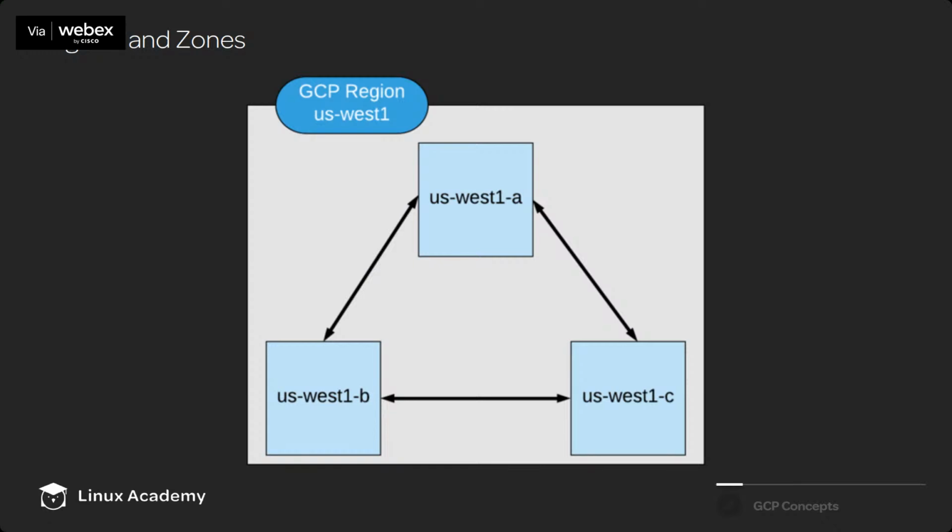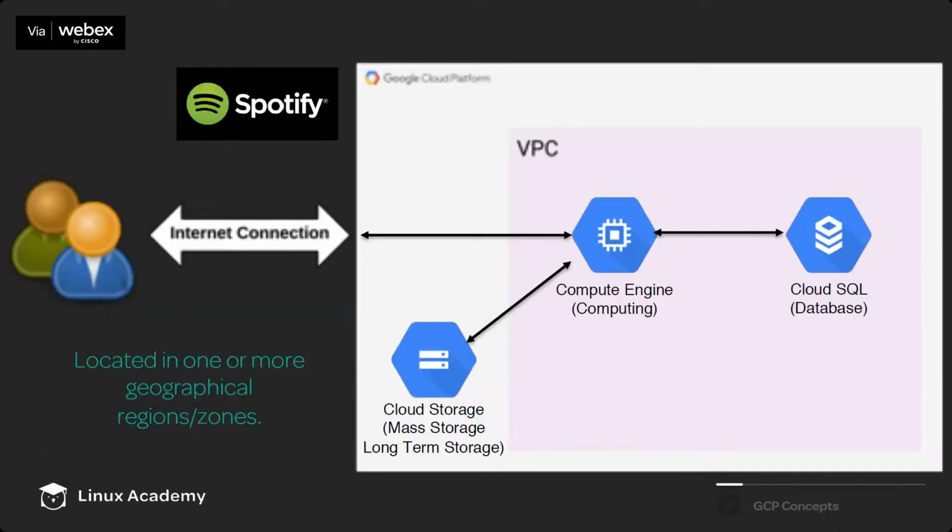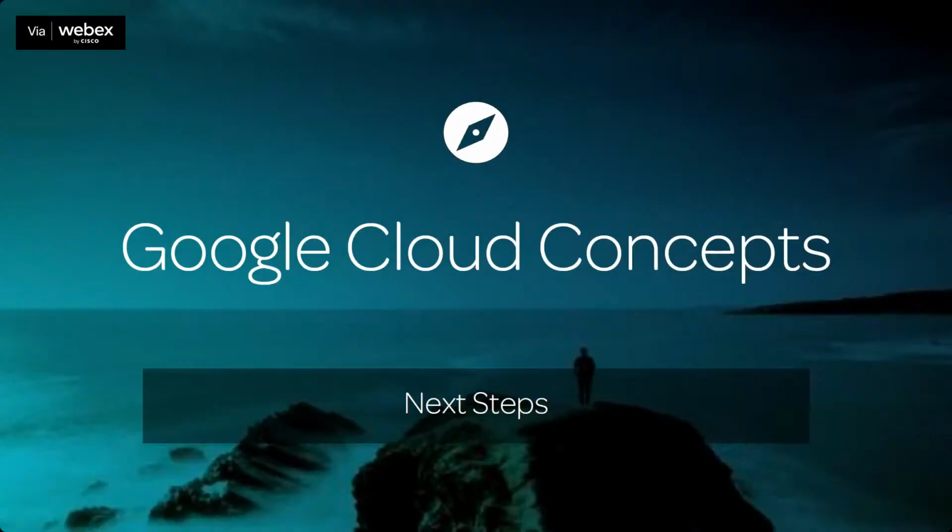If I take the example of a cyclone or a tornado or an earthquake, in these kinds of eventualities, data will always be available to you. That's your typical concept of regions and zones. Then you can have your data spread across these regions and zones.